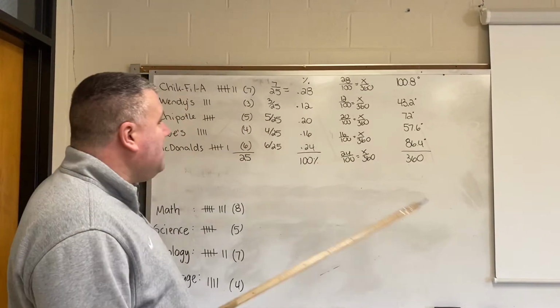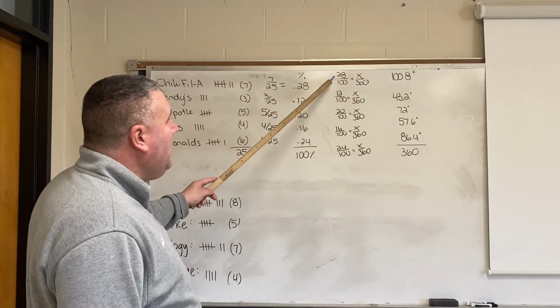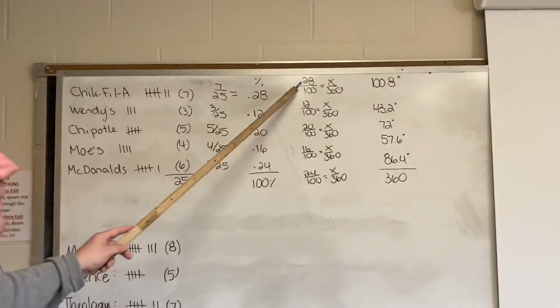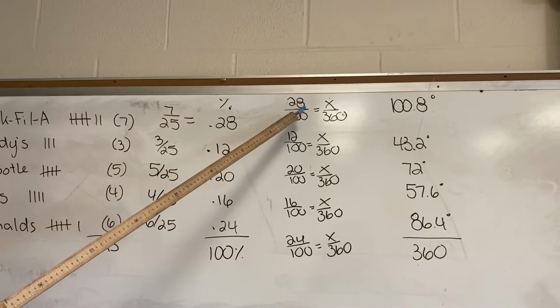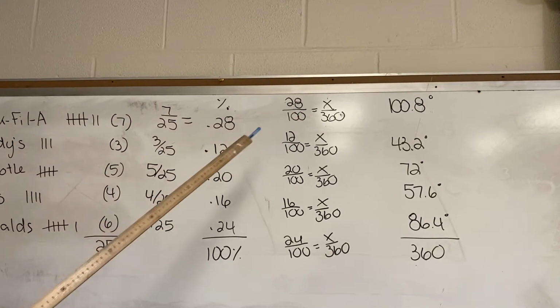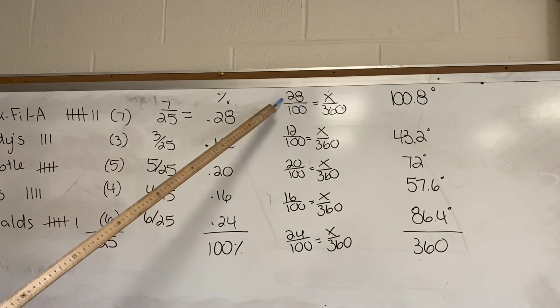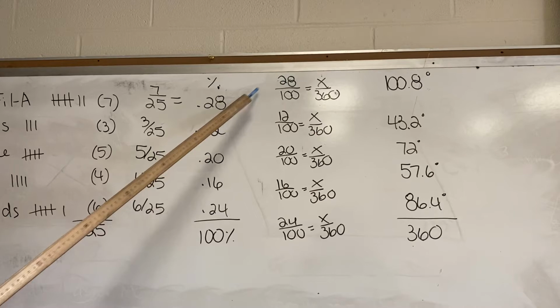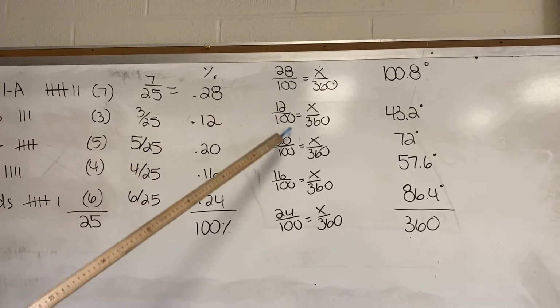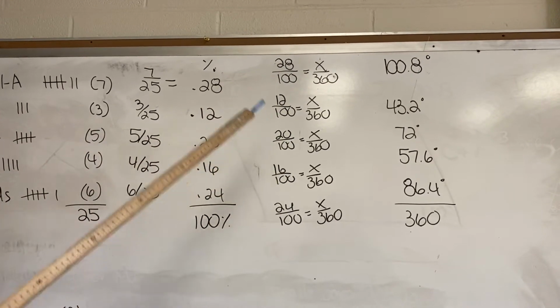So I set up a little ratio here. There's 28%. Notice I left off the decimal point. When you go from a decimal to a percent, you move it 2 places to the right. To go from a percent to a decimal, you move it 2 places to the left. So the decimal point is all here at the end of these.